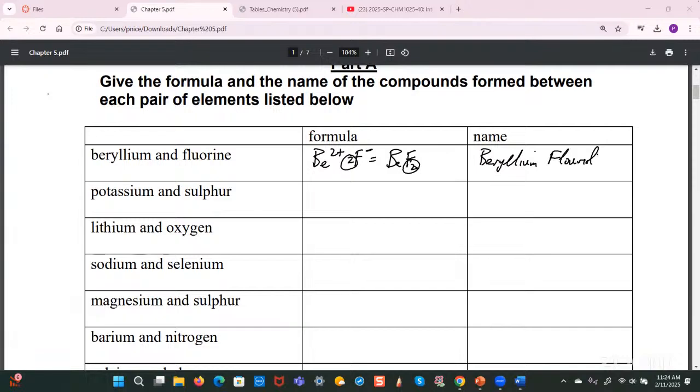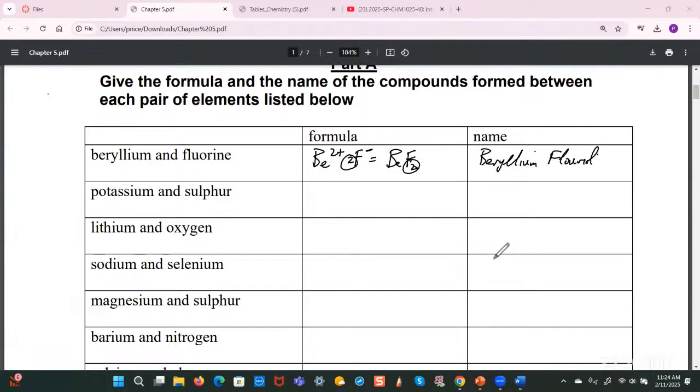Ready? Good. Part A, or almost finished. All right, so let's move on to part B. Now, part B is dealing with binary ionic compounds, but with a bit of a twist. And the twist is that there are certain metals, usually in the transition region of the periodic table, that can form different ions with different charges, right?